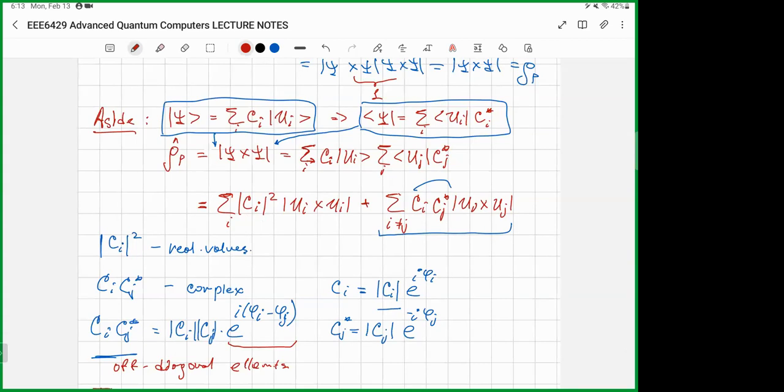The first term has the same indices, so you get c i times its complex conjugation, which gives you c i modulus squared. And the second one, the terms with different indices, gives you c i, c j complex conjugation. Is this clear now? Yes.